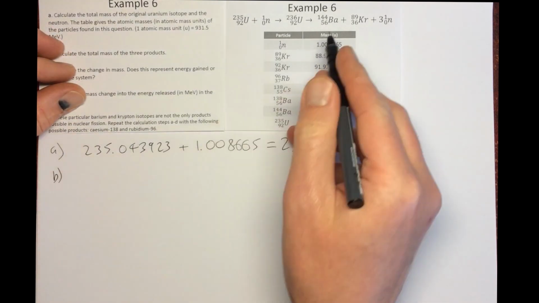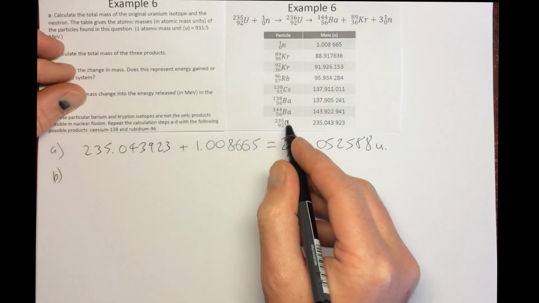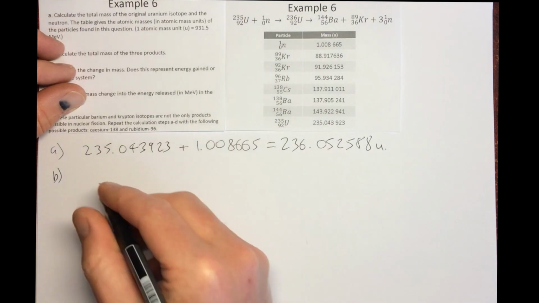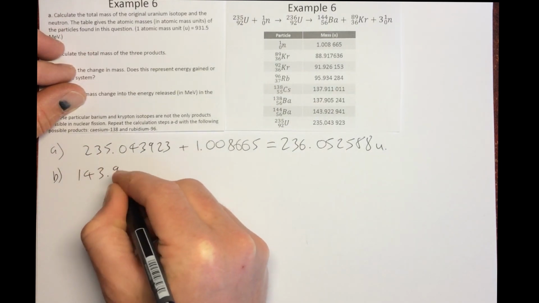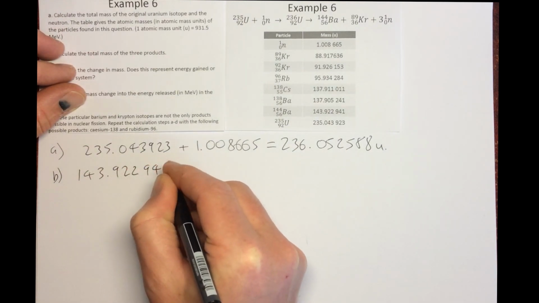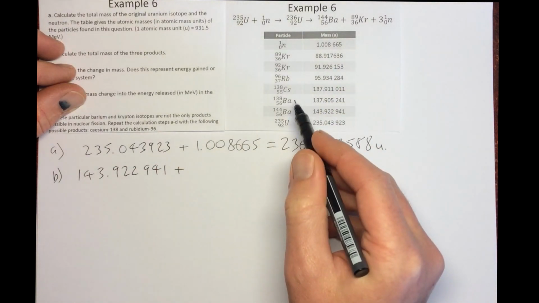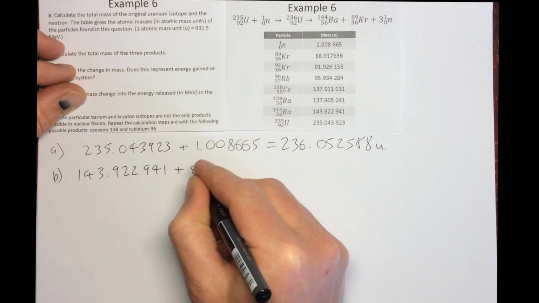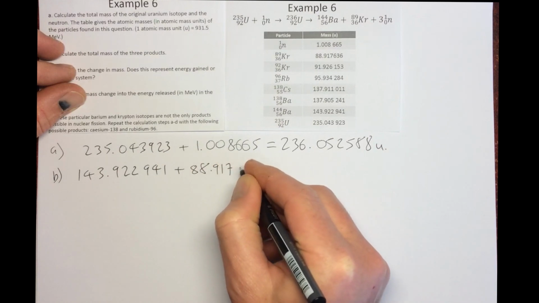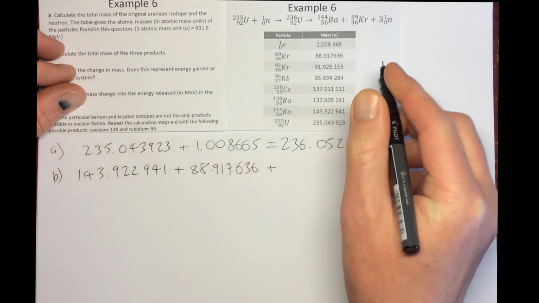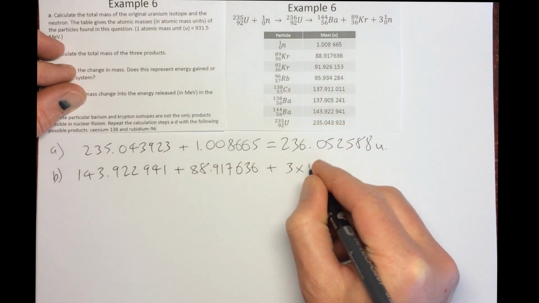Now for B, you've got to calculate the mass of the products. So the mass of the products is the mass of barium, and make sure you get the right one, 143.922941, plus the mass of krypton-89, which is this one, 88.917636, plus the mass of 3 neutrons.